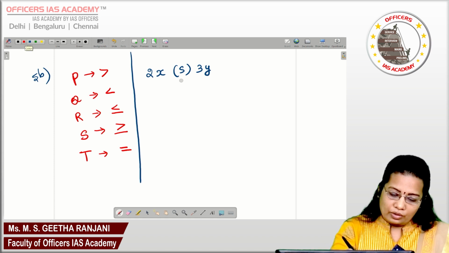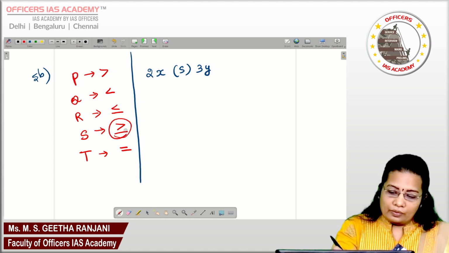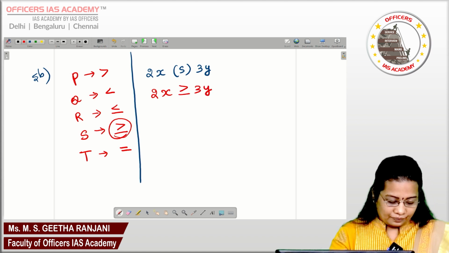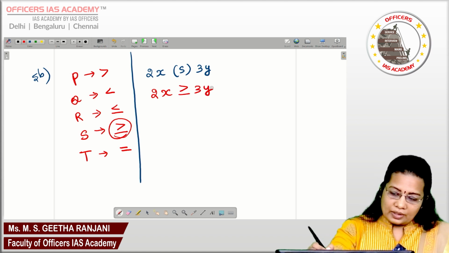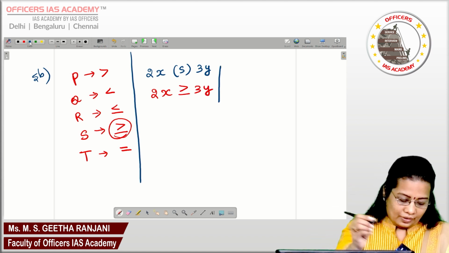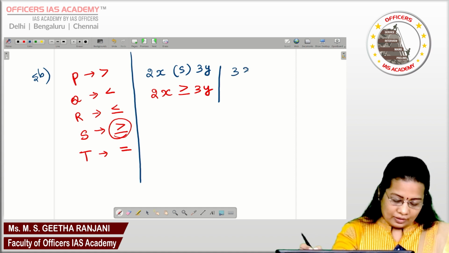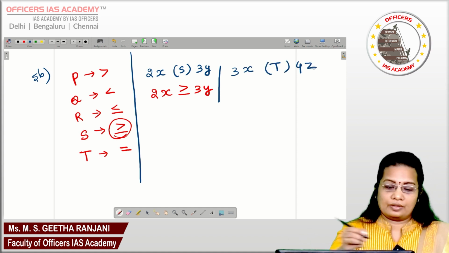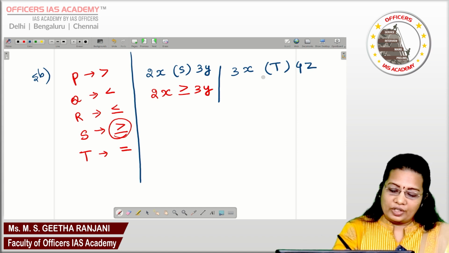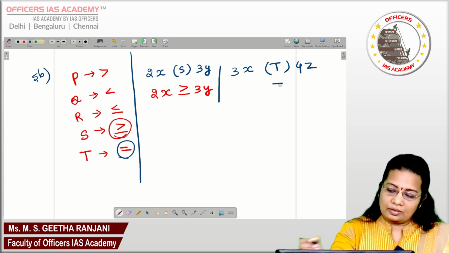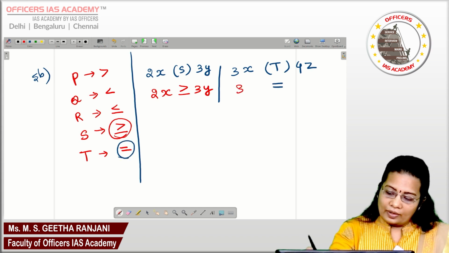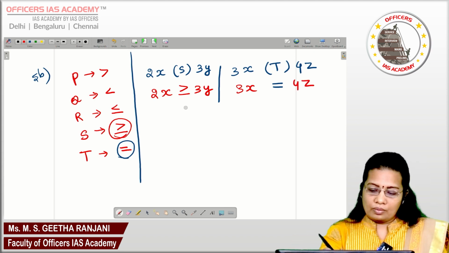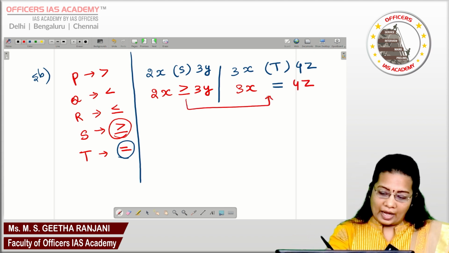S denotes the greater or equal symbol. So 2x greater or equal 3y. Let it be. What is the second statement? Which is 3x T 4z. So substituting T as equal, 3x equal 4z. These two things we have gathered.